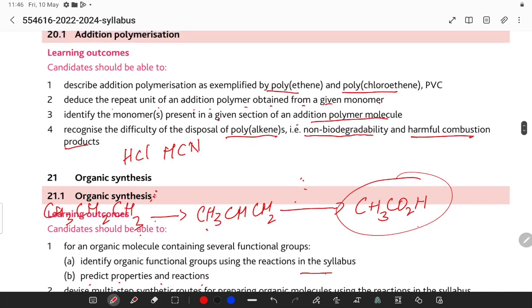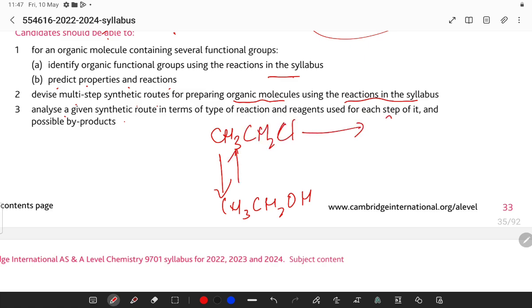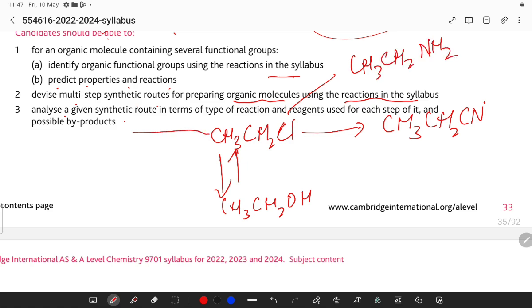For example, if this route is required: CH3CH2OH, CH3CH2Cl, CH3CH2CN, and this is CH3CH2NH2. This changes into CH3CH2CH2CH2, and this again changes into CH.